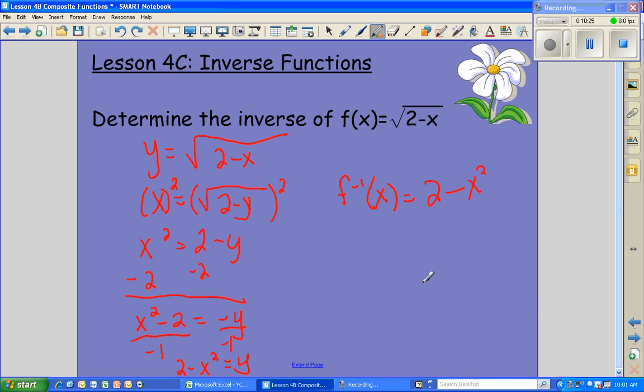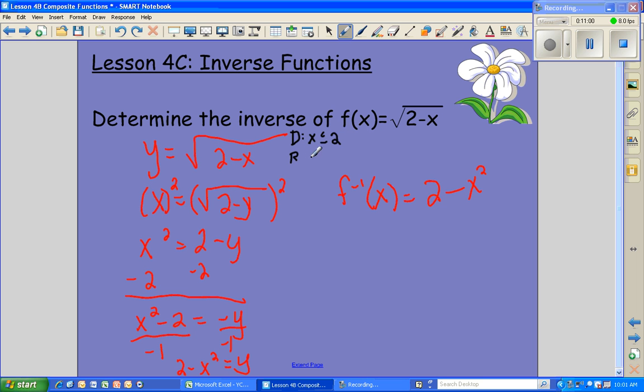So now let's go back to this problem because the same thing happened. You're going to need to set a domain restriction, because if you don't, then your answer's got too much in it. So even though it never asked you about the domain and the range, you need to consider it here at the beginning. So this guy right here has a domain of x is less than or equal to 2, because if you get bigger than 2, then you're going to be taking the square root of a negative number.